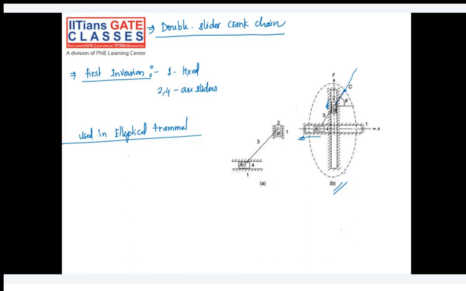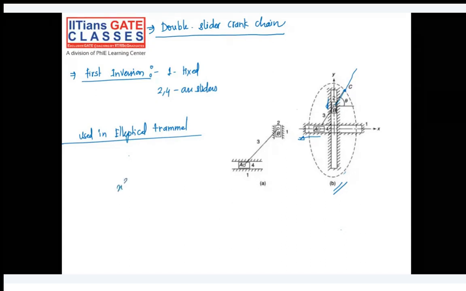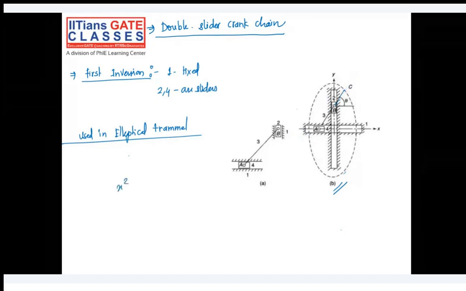AC is the major axis of this ellipse. BC is the minor axis and AC is the major axis.